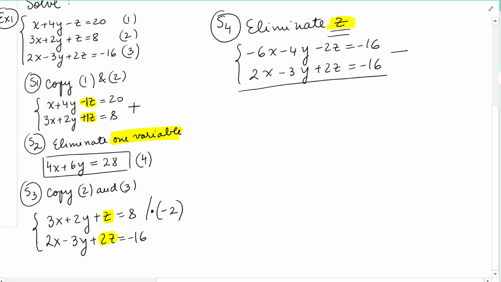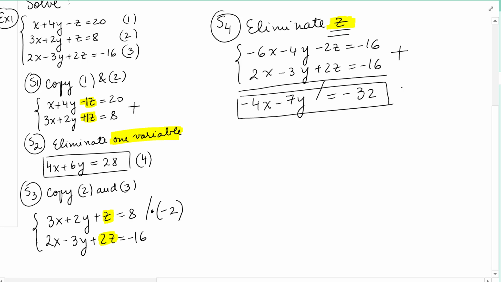And let's use the elimination method, which is let's add them together to eliminate z. So we get -4x minus 7y minus 2z plus 2z is nothing, equals -32. This is another equation that is going to be important, so I'm going to call it equation 5.